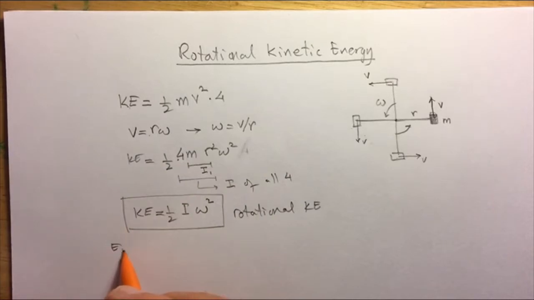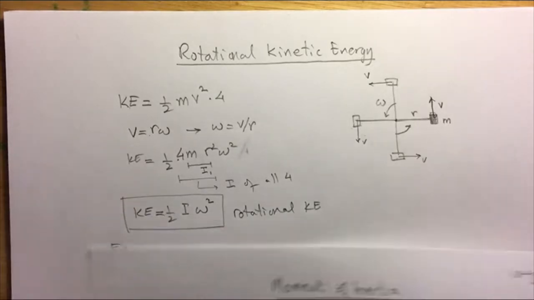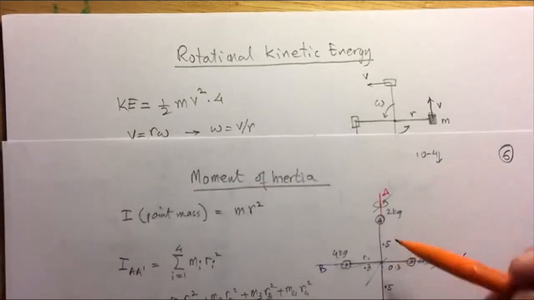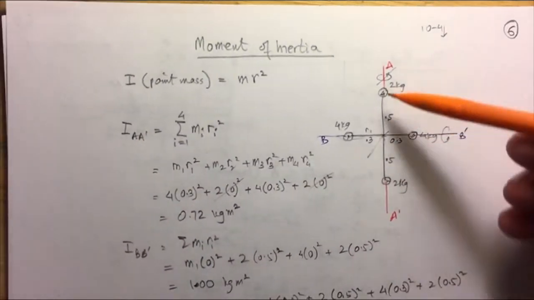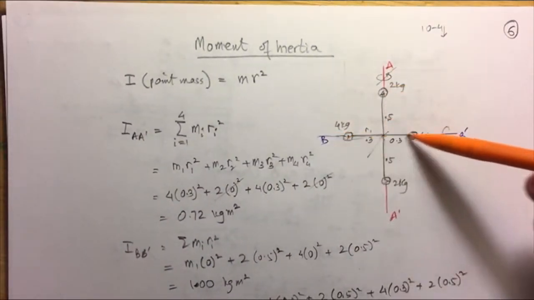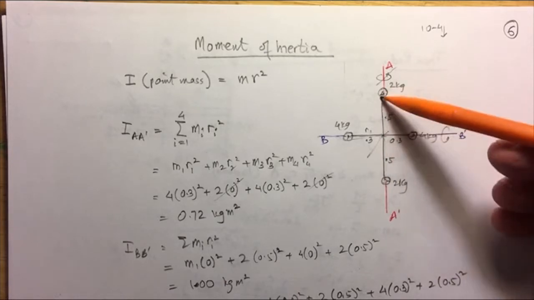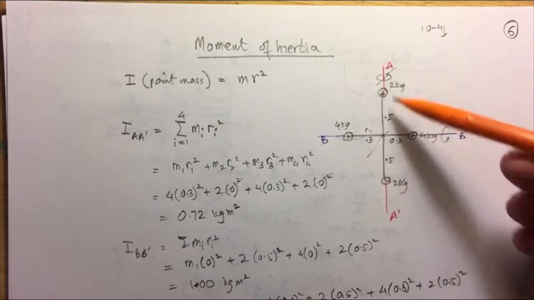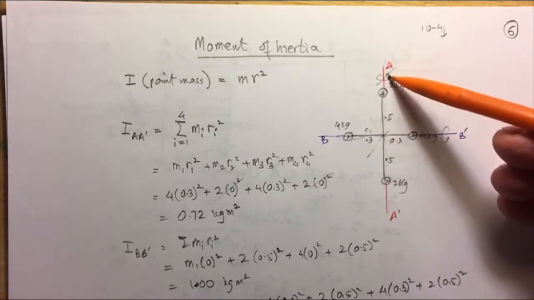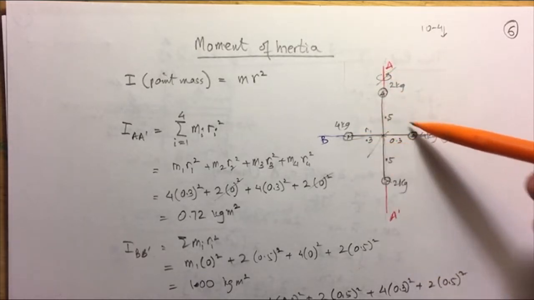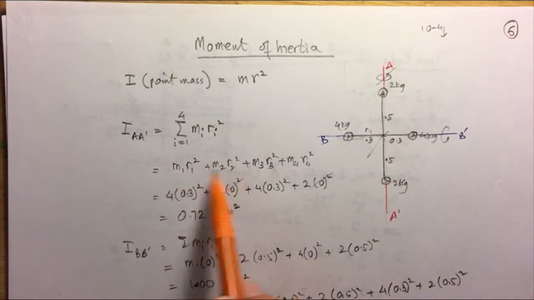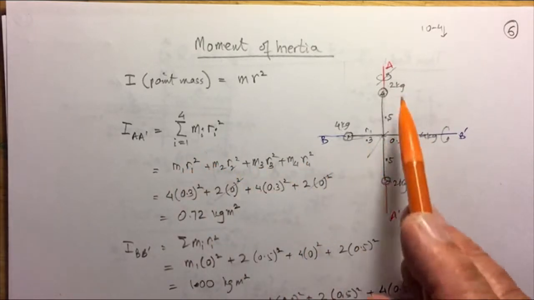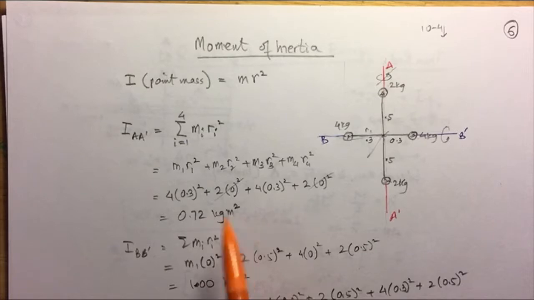Now if we do a small example, let's assume that we have a cross which is the same as what we had in an earlier lecture. So we had this X, which was 0.5 meters here and 0.3 meters here, and these were 4 kilograms, 4 and 2 and 2 kilograms, spinning about the axis A prime. So this thing was spinning like this, and we found that the sum of m i r i squared gave us 0.72 kilogram meter squared.